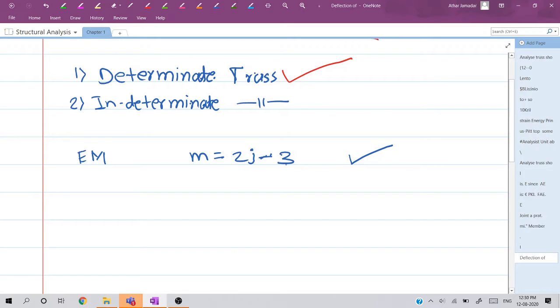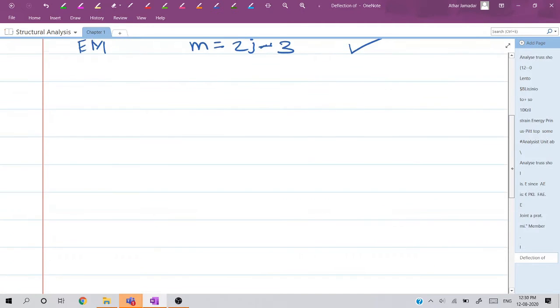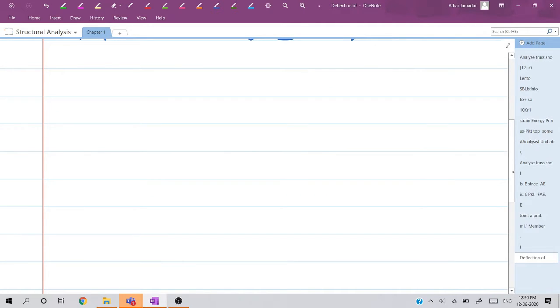From here onwards, we will modify this formula somewhat. Now m is equal to 2j minus r.